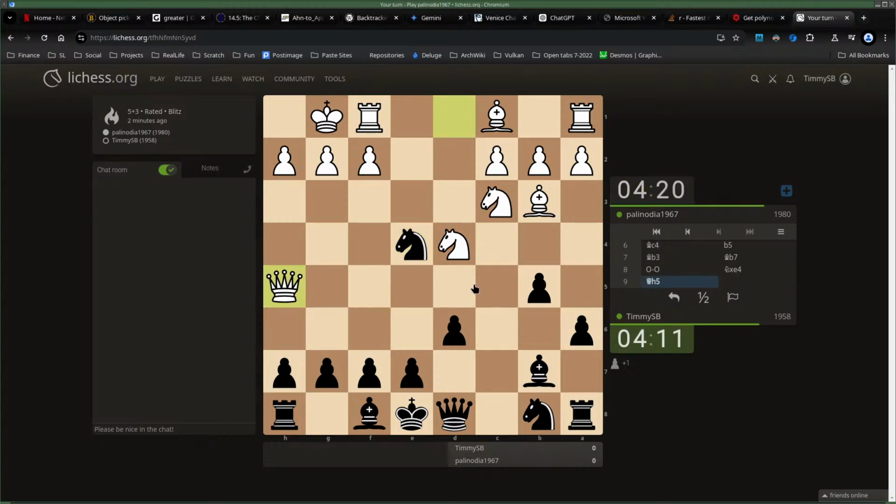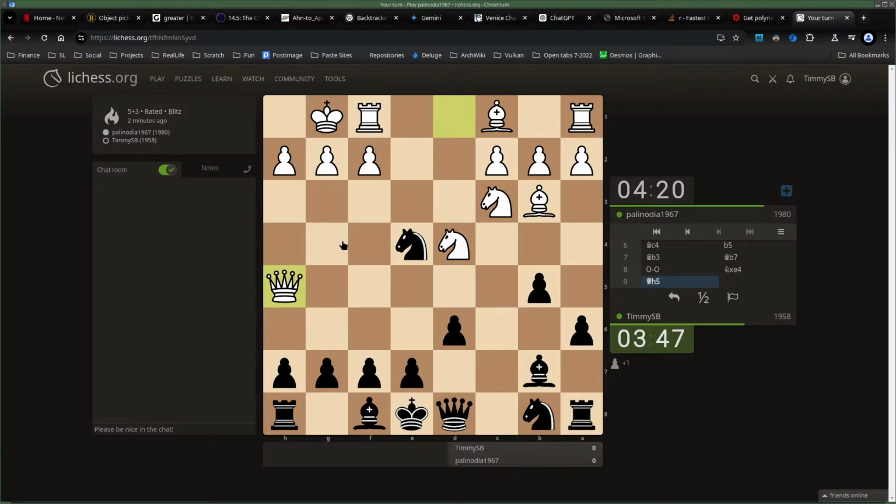I'm definitely behind in development, but some free development here. Doesn't even threaten mate because it can escape. But okay, we'll defend it. I think I do this and then nothing.